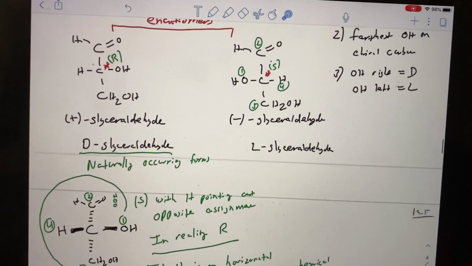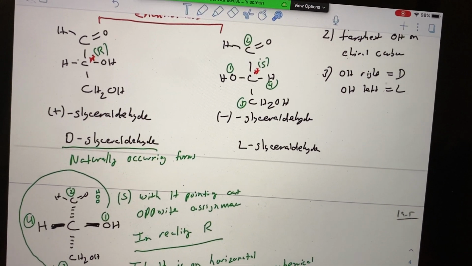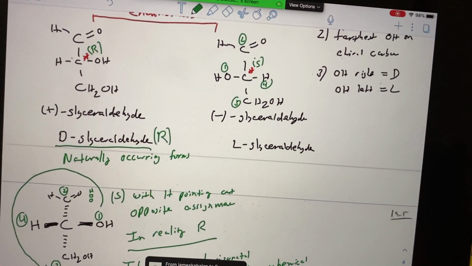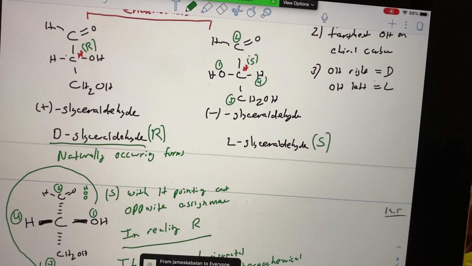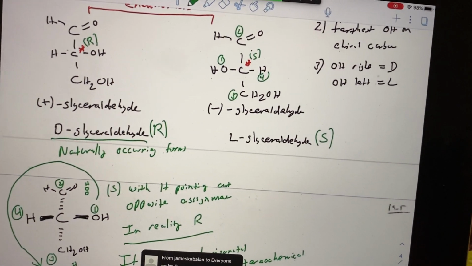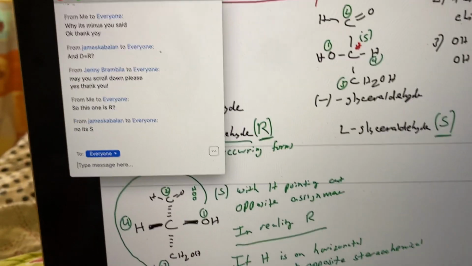Did I address the question about which one is the R? So the one on the left, the R. Those are the real chemistry. So this is the real stereochemical assignment.